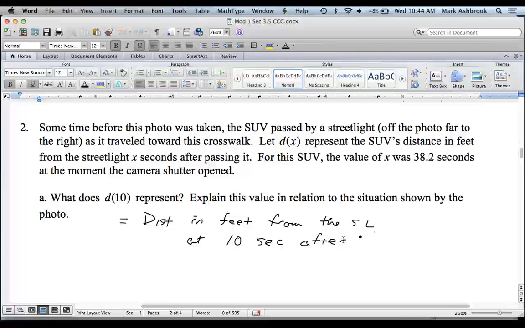Where's the truck at this point compared to the picture? If you're looking at the picture, where's the truck? Way still to the right, coming towards the intersection, right? And in 28 more seconds, 28.2, that's when we're going to take the picture, right? So there's our interpretation of d of 10, okay? There's d of 10.